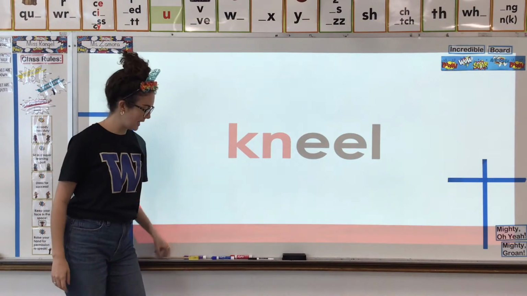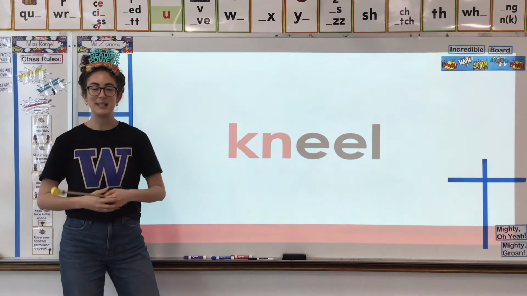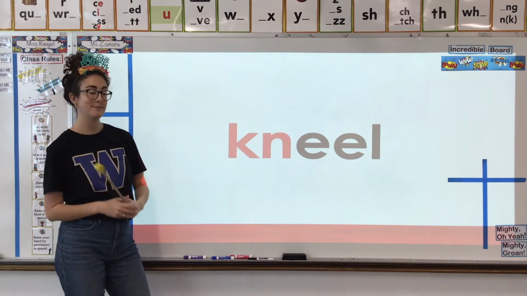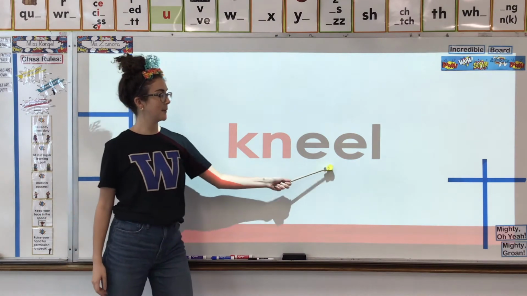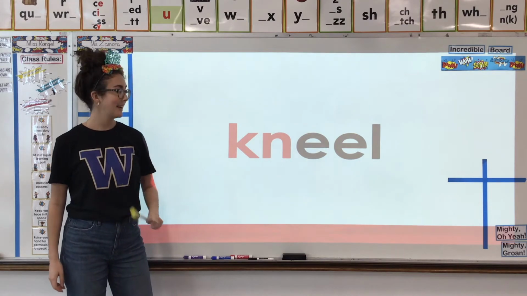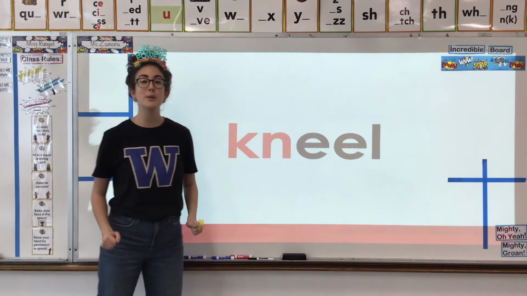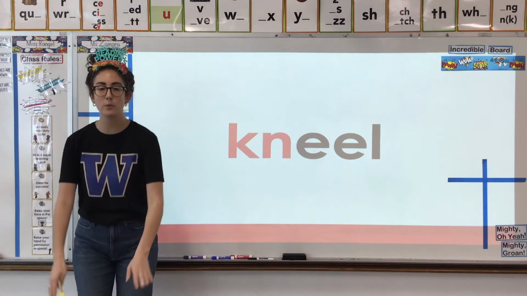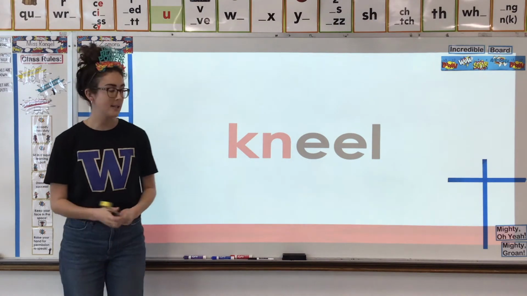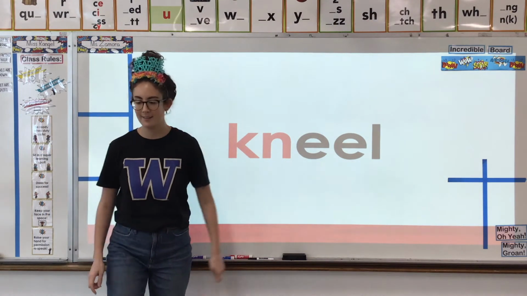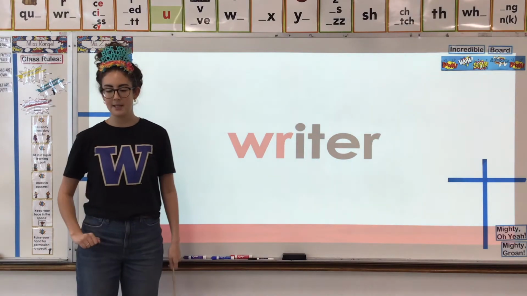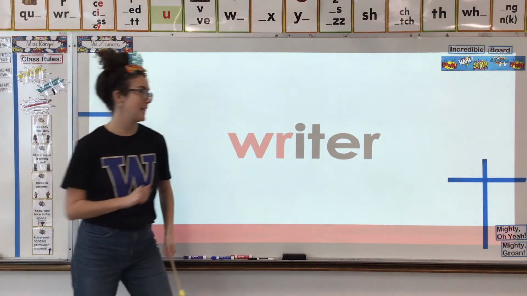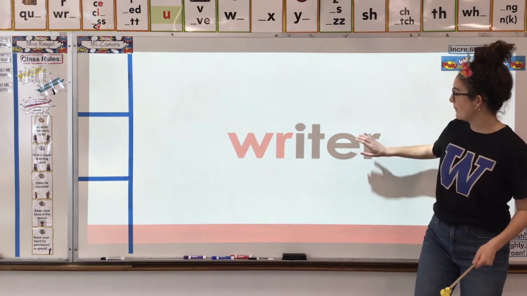And what word is this? What do you see? Kneel. To kneel is an action where you get down on your knees. To kneel. Awesome. Up next, what do you see? Ooh, what about this?